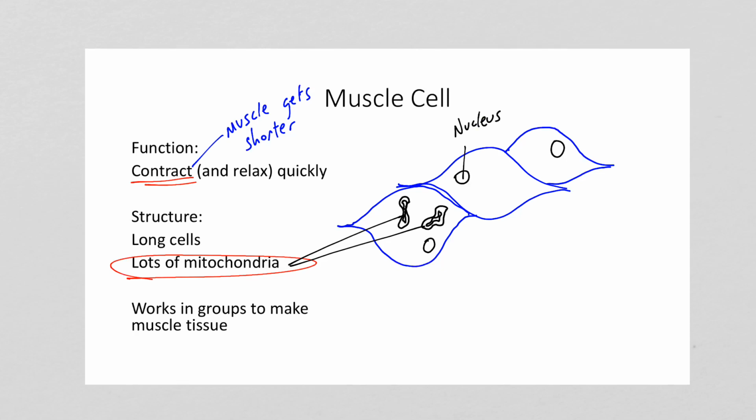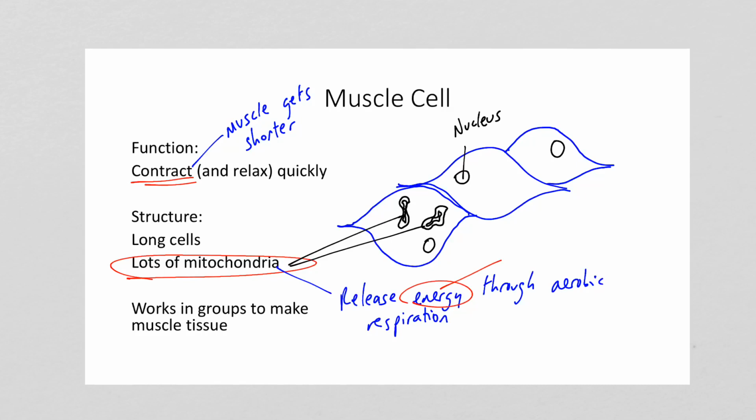And why do we need lots of mitochondria? That should be obvious. Mitochondria, remember, release energy through aerobic respiration. And that energy is being used to contract and relax.